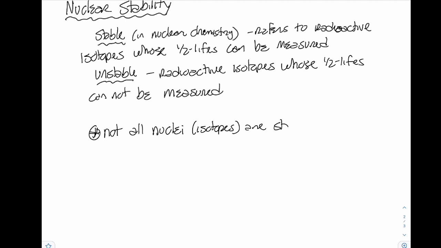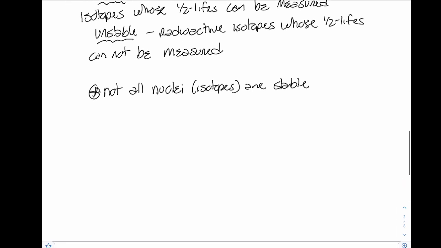Nuclei that are not stable are going to decay to form something that is more stable. That's what we mean when we say radioactive. Radioactive nuclei are nuclei that are going to emit radiation, sometimes actually absorb, we'll talk about those. So they emit and absorb radiation to become more stable, and we'll talk about what that radiation is. So not all nuclei or isotopes are stable.